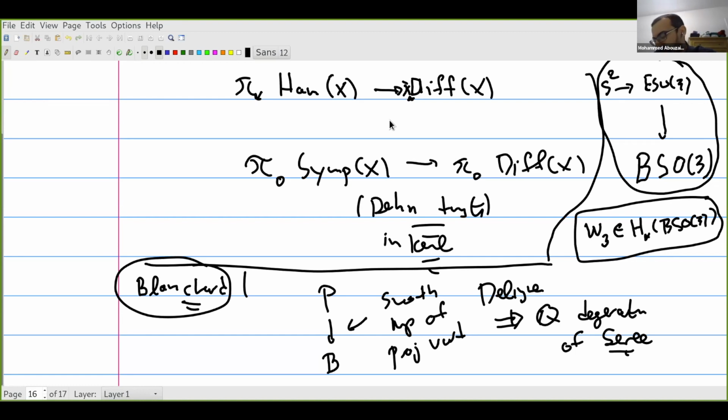Currently what we're trying to do first is just write up the higher genus version and have a robust theory.